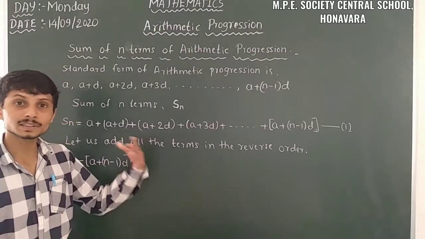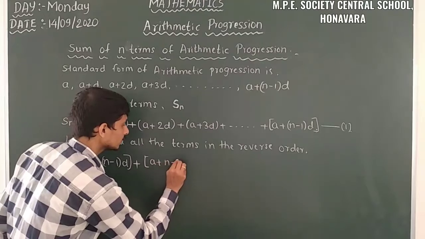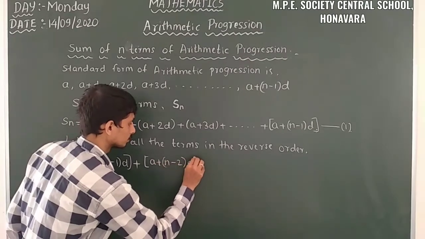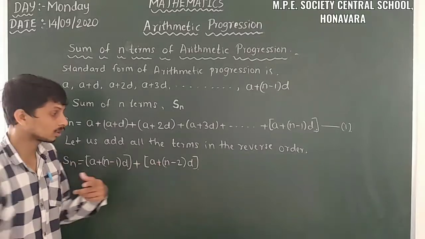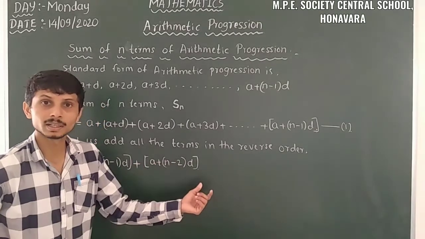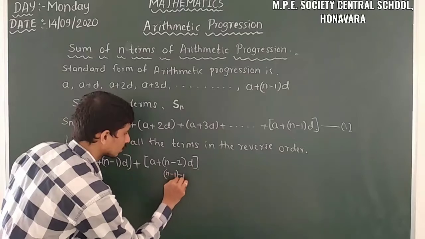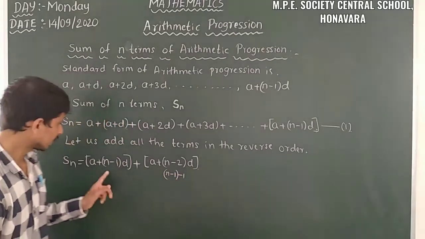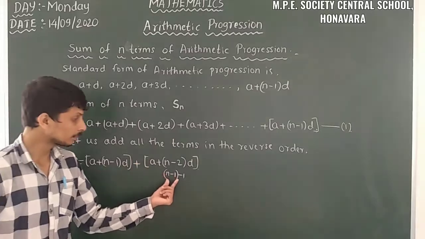The next term becomes a plus n minus 2 into d. Here it is the nth term, and here it is the n minus 1th term.